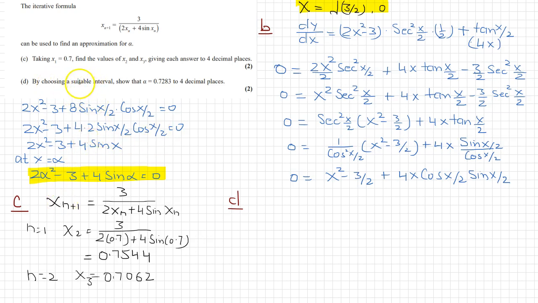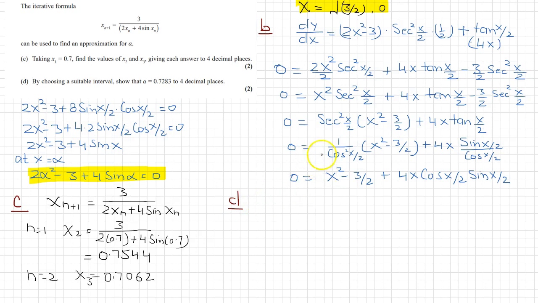Part D. By choosing a suitable interval, show that alpha is equal to 0.7283. It means it's a solution of this equation.